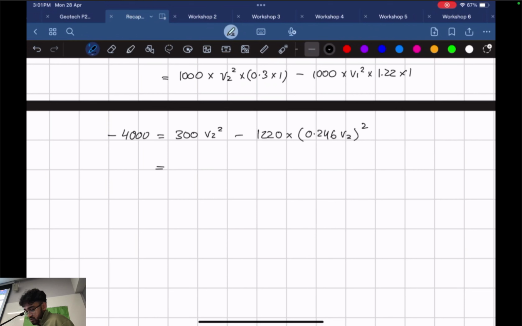Yeah, I'm getting an odd number. I'm not getting the right answer for some reason. 0.246, oh, 0.246 all squared.